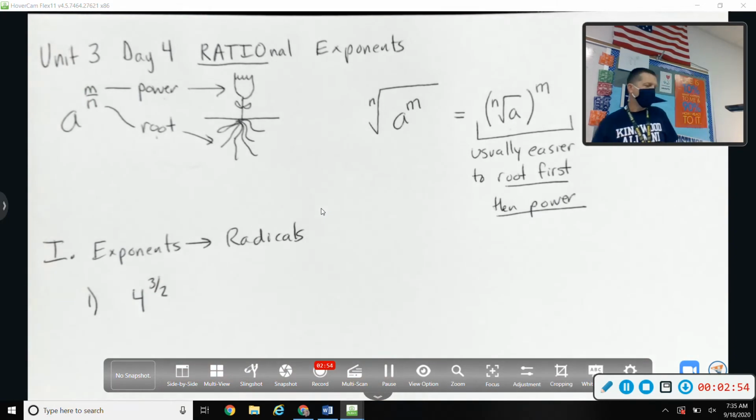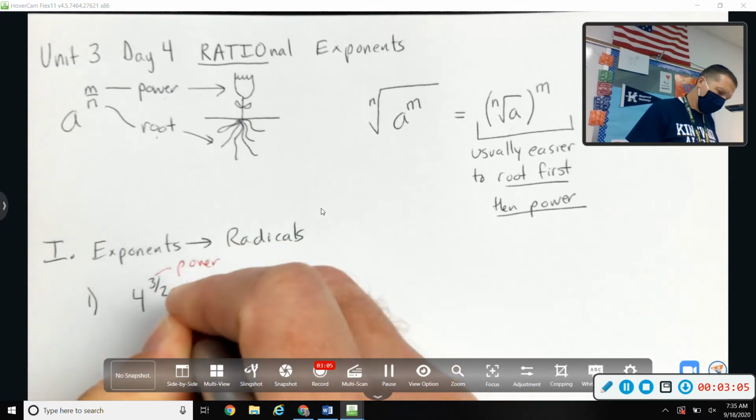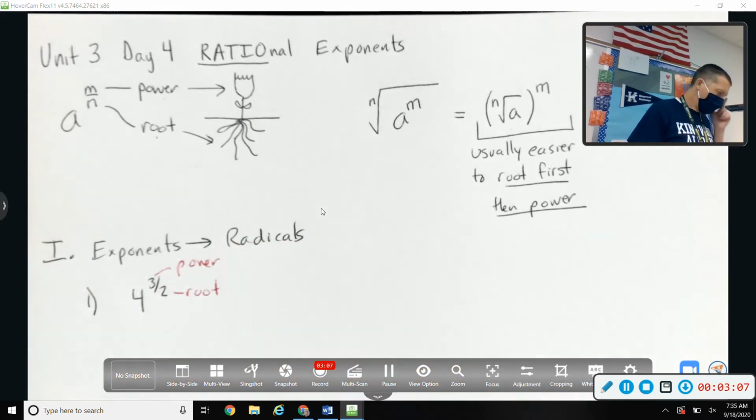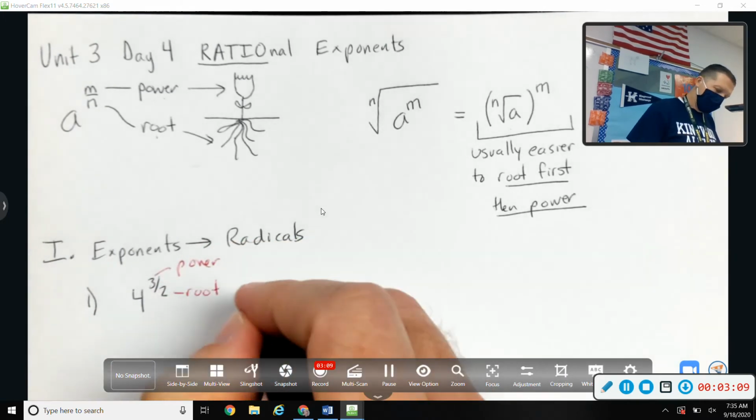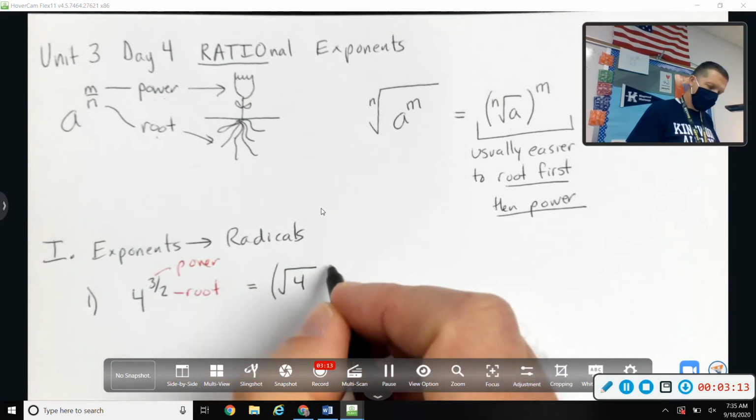All right, so 4 to the 3 halves. Well, the top number is the power. The bottom number is the root. So this is the square root of 4, cubed.